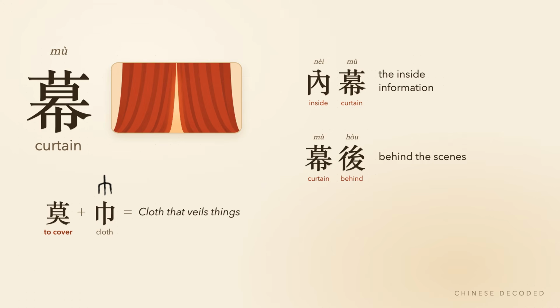Mu hou, behind the curtain, meaning behind the scenes, not publicly visible. Kai mu, opening the curtain, meaning the opening of an event, unveiling what was hidden. Notice that understanding mu as covering not only helps you decode the character mu itself, it also helps you understand why all the compound words above share this veiled sense.